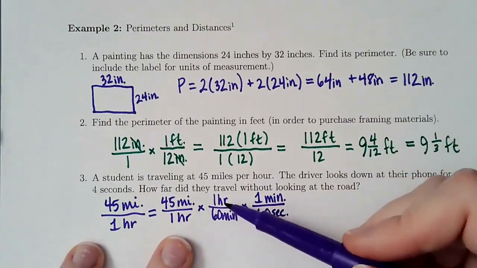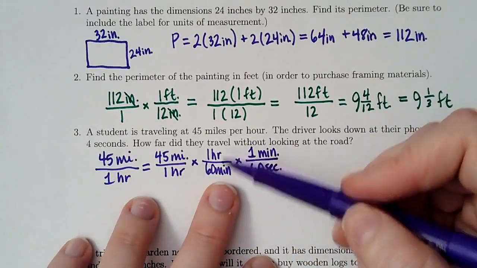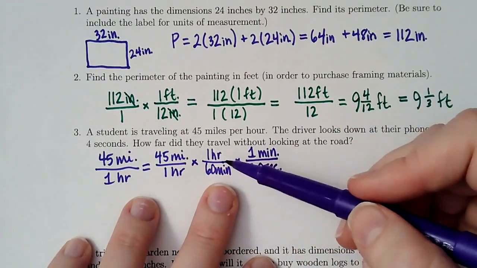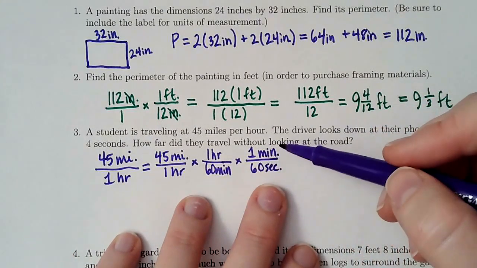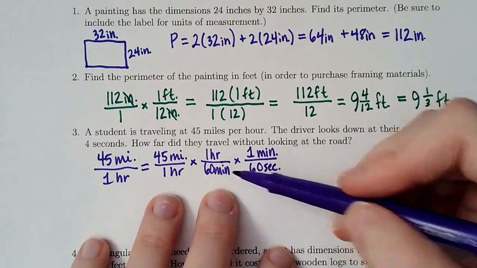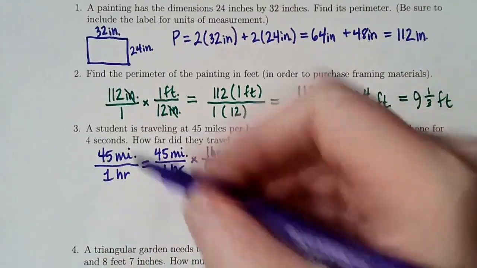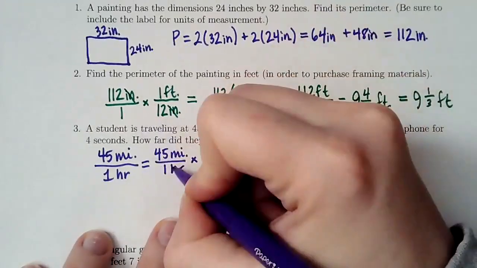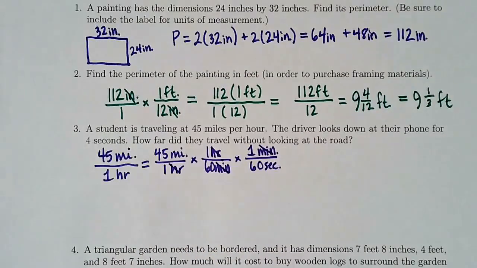Remembering that here I have hours in the denominator, so in my ratio of 60 minutes in an hour, I put hours in the numerator. And since 60 minutes was in the denominator, I put minutes in that numerator in order to cancel. So hours and minutes. 60 times 60 is 3,600. I'm doing a double check.